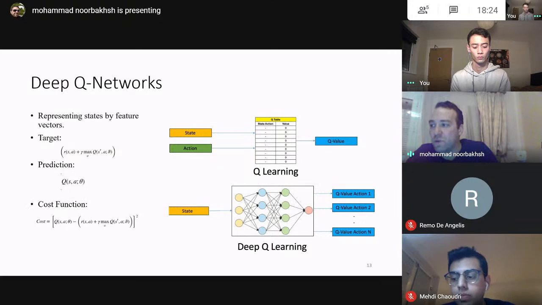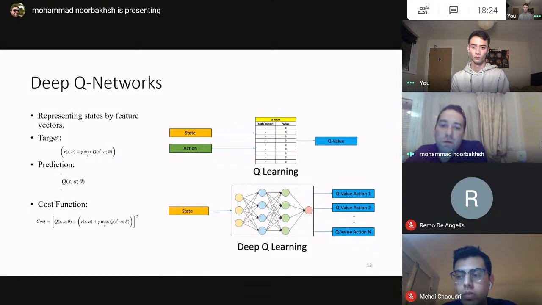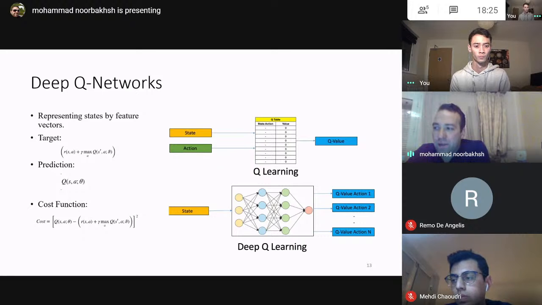The agent would have to maintain the action value function as a parameterized function. So in deep Q learning, we replace the Q table with a deep learning model that tries to approximate the action value function. It is usually referred to as the approximator or approximate function. The input to the model is a state, and the output is the approximation of Q values for all actions for the given state.